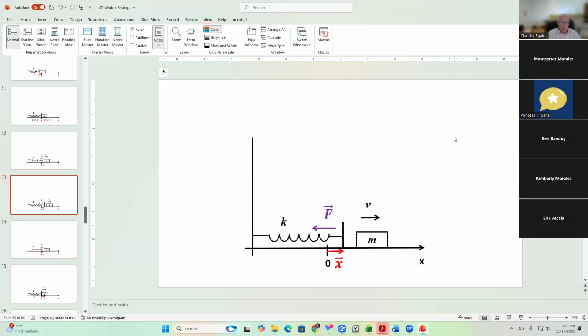Okay? Initially, the mass is at rest and the spring was loaded. You release the spring, then the spring accelerates the mass. When the plate of the spring reaches the position of equilibrium, the force is going to be the greatest, and so is the velocity of the plate.